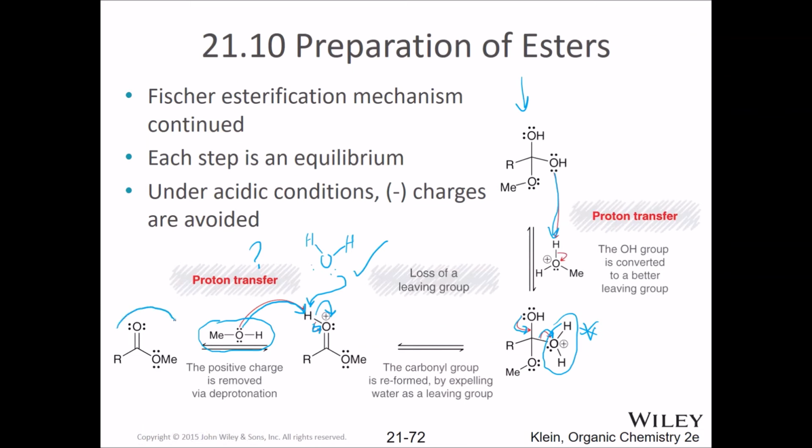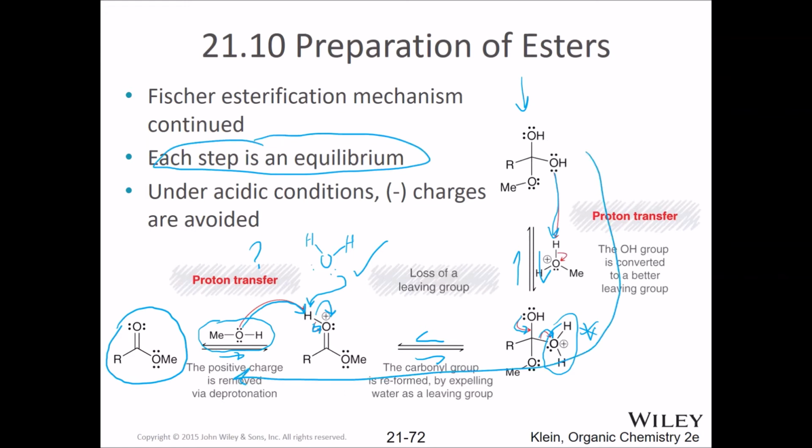Now, it turns out that every one of these steps was in equilibrium, right? You saw that. Every one of them. And so what does that mean? That means that if we do this in a bath of methanol, using Le Chatelier's principle, we can push things in this direction.